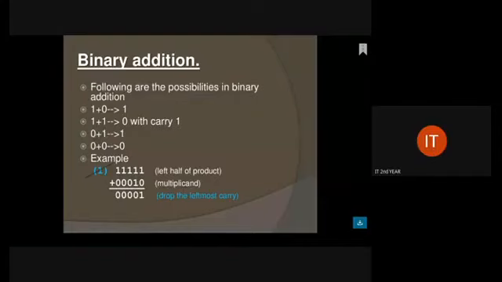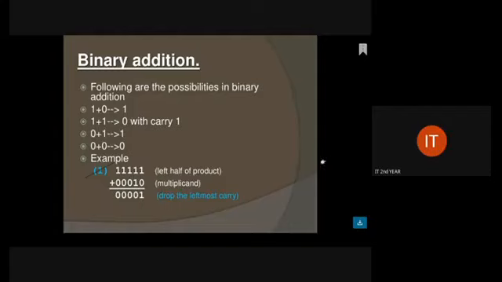While dealing with these, we have four different types of possible addition. 1 plus 0 gives 1, and 1 plus 1 gives 0 along with a carry bit of 1. 0 plus 1 and 0 plus 0 are normal: 0 plus 1 is 1 and 0 plus 0 is 0.